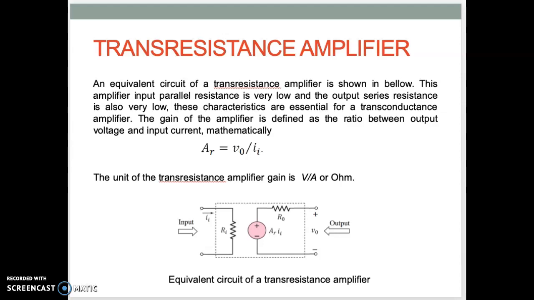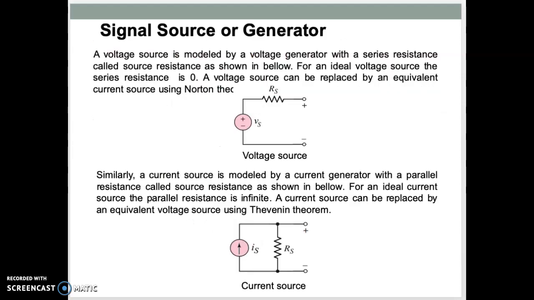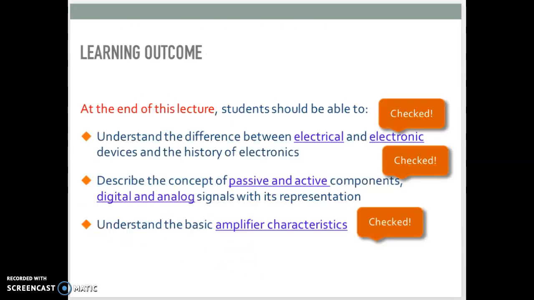The last part is the signal source or generator. For the voltage source, we have a circuit like Thevenin, so Vs and Rs are in series. But if you have a current source or current generator, your resistor needs to be parallel to the current source. So this will be the end of chapter 1.